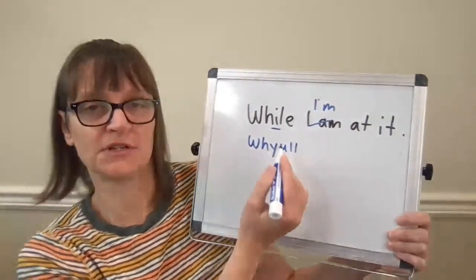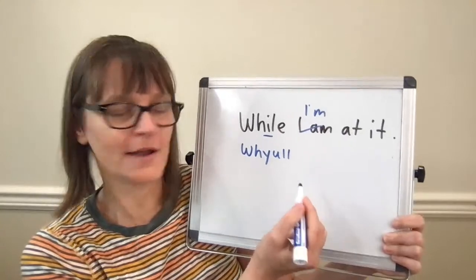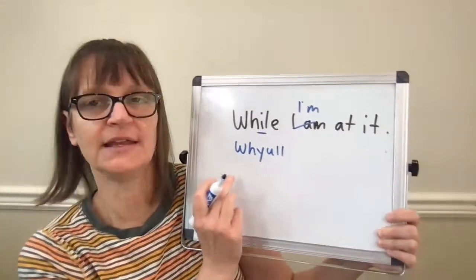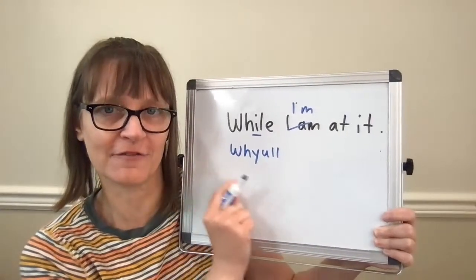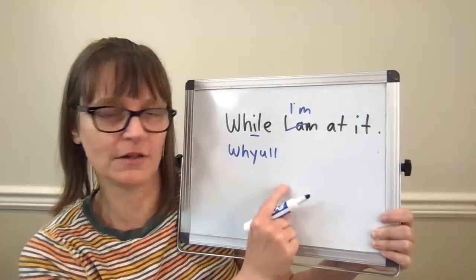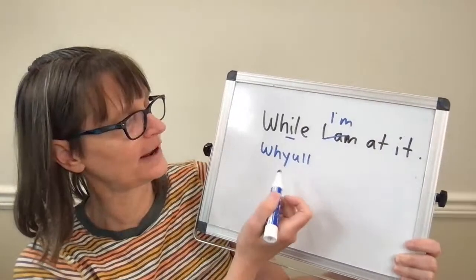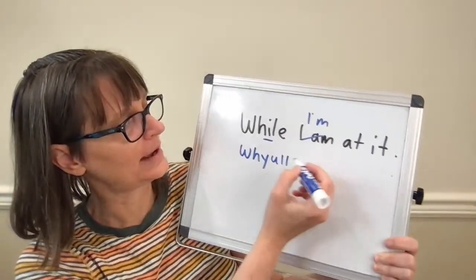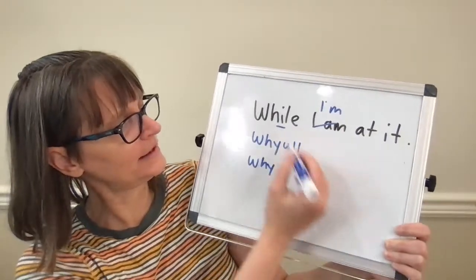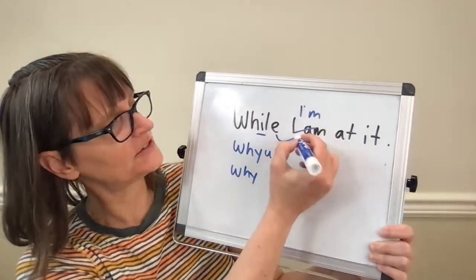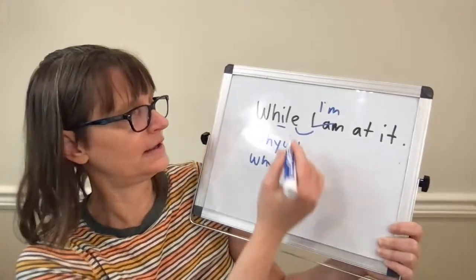I just recently talked about the word while, and I pointed out that while it's one syllable, it can be helpful to slow it down and think of that yah sound in the middle, while. So I'll rewrite it that way. While I'm, you can also think about the L in while, because it connects with the I in I'm.